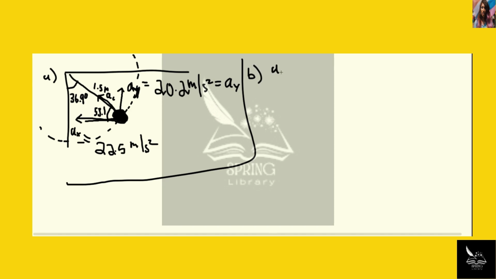And the a sub centripetal equals 22.5 for the x, cosine, because we're talking about the x, so cosine of 53.1. And plus, this time 20.2, because now we're talking about the y, times sine of the same angle.